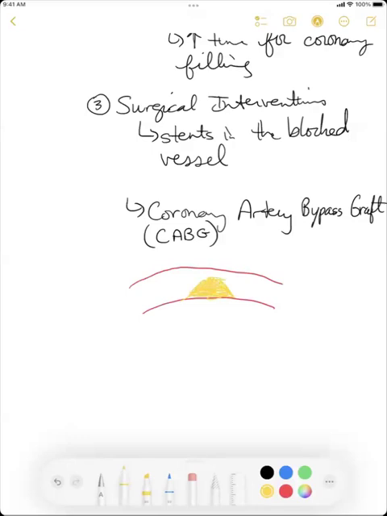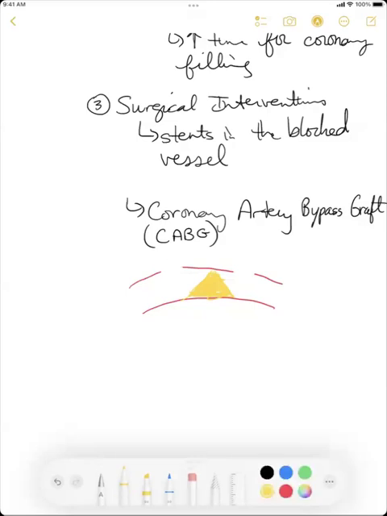We'll just say it's going to block most of it, so it doesn't get very good blood flow. So what they do is they take a vessel from your leg and they'll make a little bridge over top of the coronary vessel.